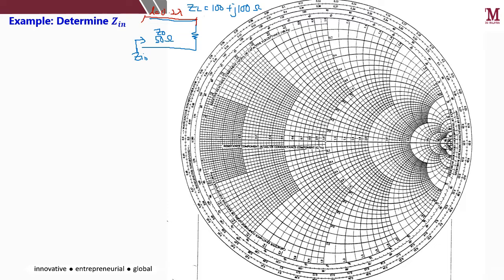Right, so the first step is to plot the point of your normalized impedance. So ZL bar equal to 100 divided by 50 plus j100 divided by 50. So your ZL bar equal to 2 plus j2.